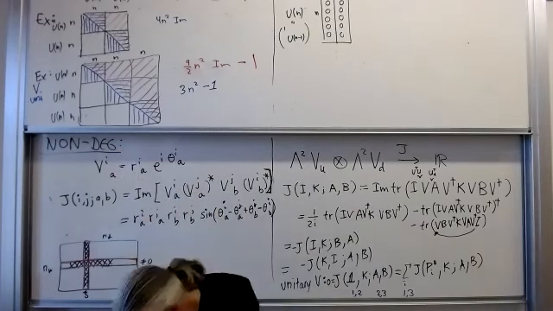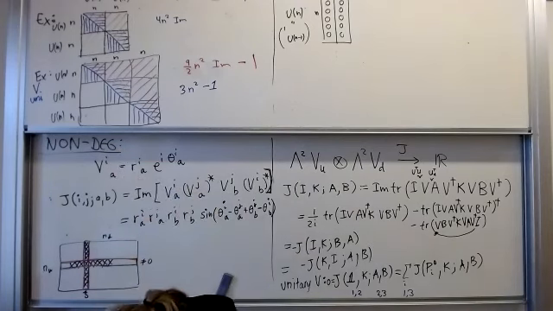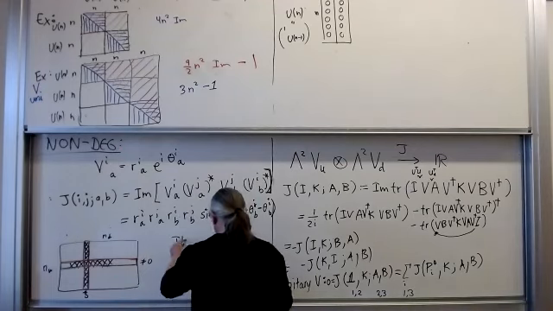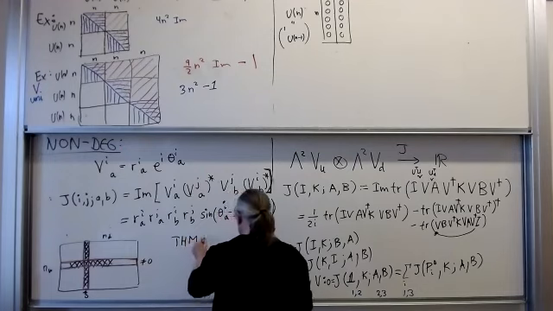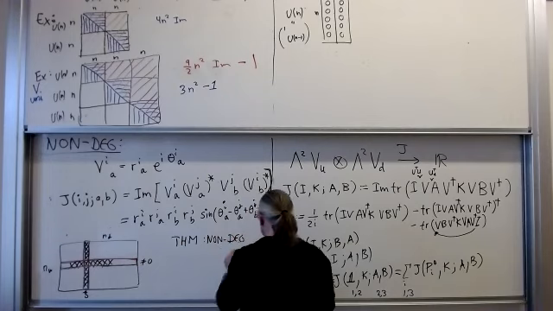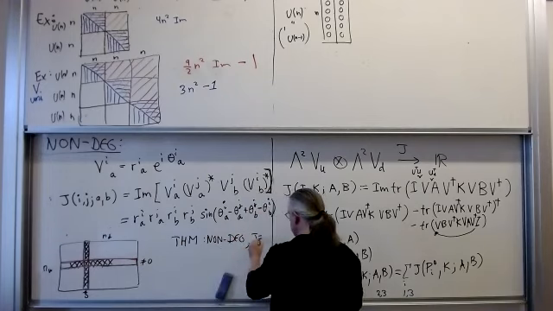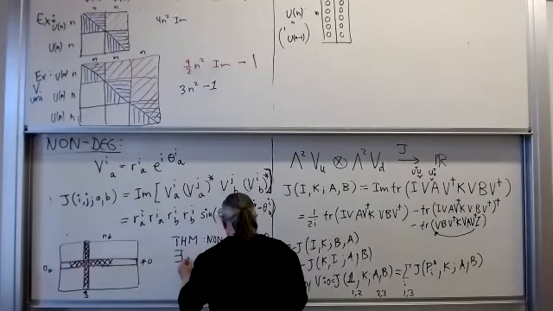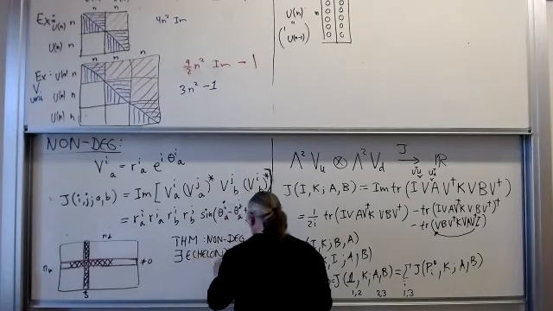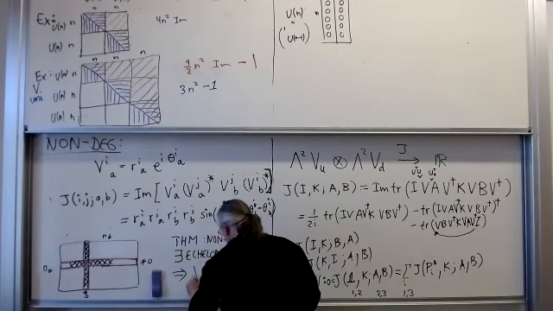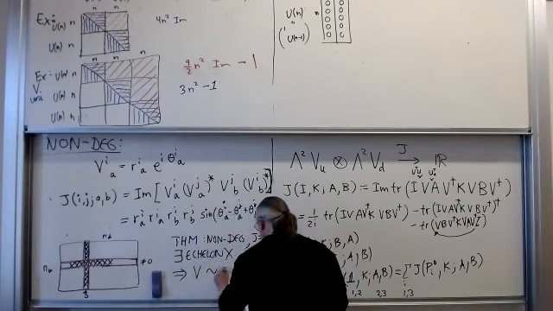And the idea is now, can we make V real in the non-degenerate case? There's a theorem which I should quote. Theorem: in the non-degenerate case, if all the Jarlskog invariants vanish and there exists an echelon cross, then V is equivalent to a real matrix.